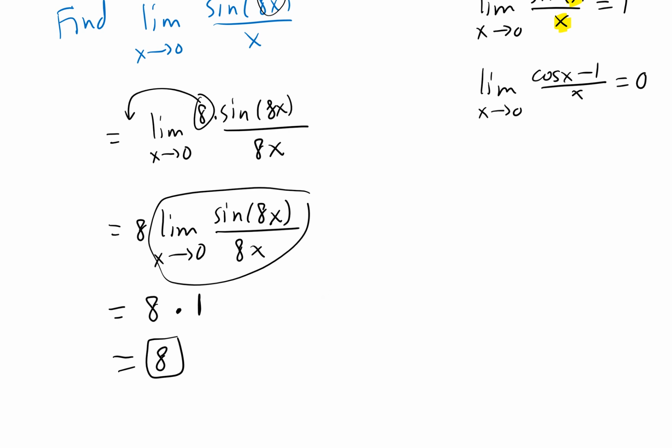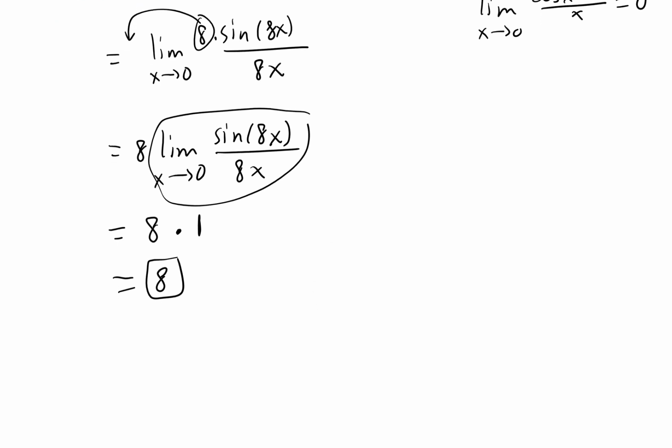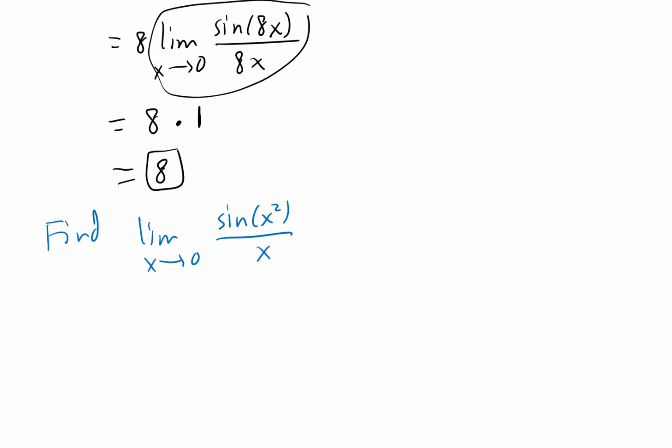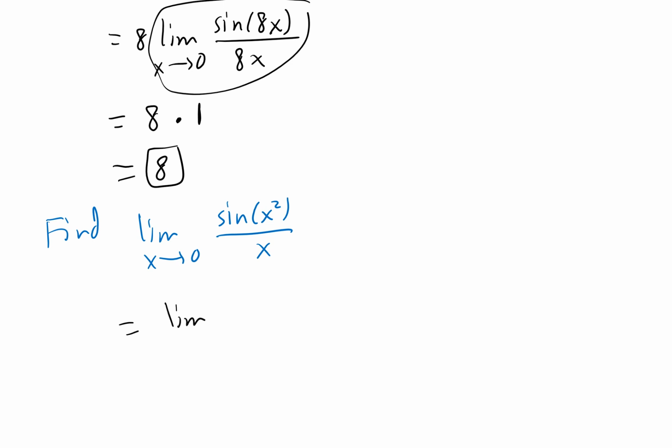We may look at another example. Find the limit as x goes to 0 of sine of x squared over x. To do so, we need to multiply the denominator by x to make it match, and the same thing on the top.